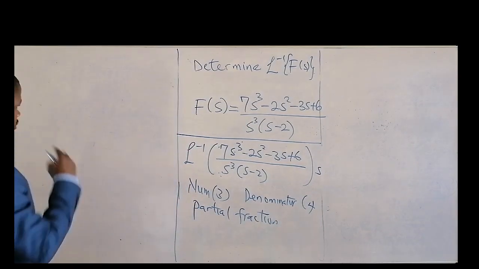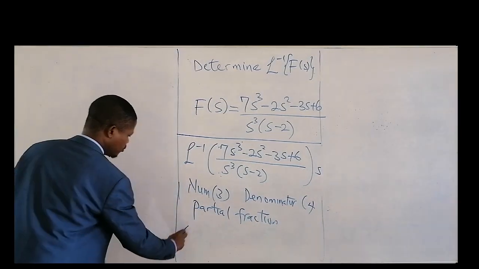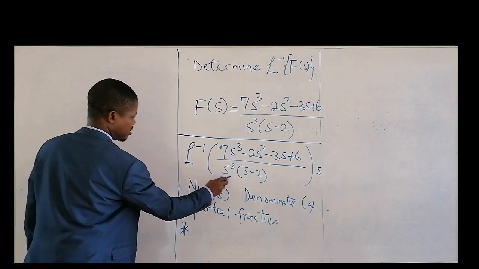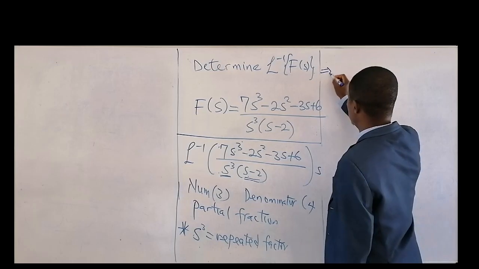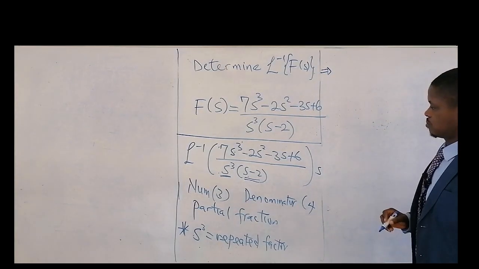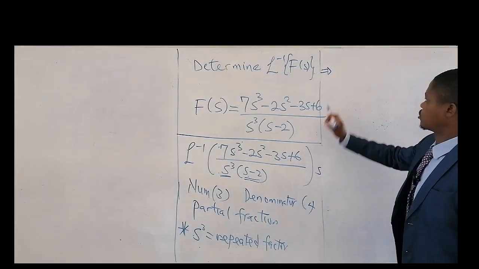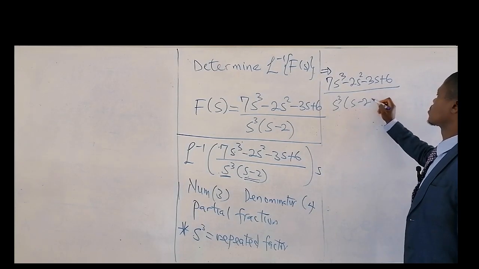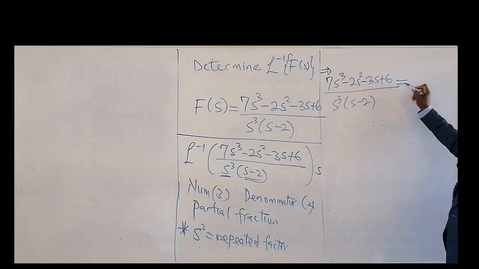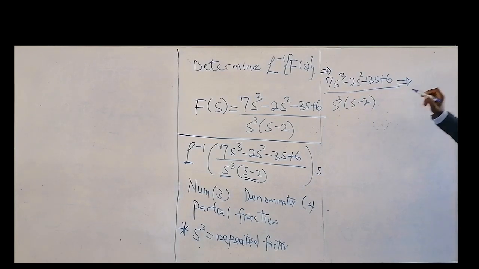Another point you should note: this one is a repeated factor. Let's take this fraction and solve it using partial fractions. So this will be equal to A over x, the first one.